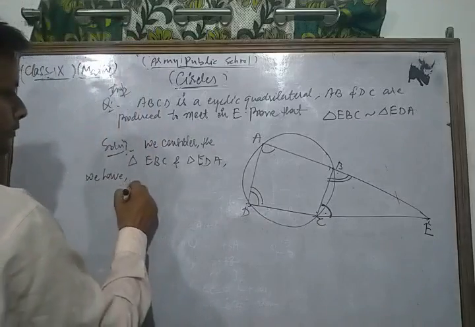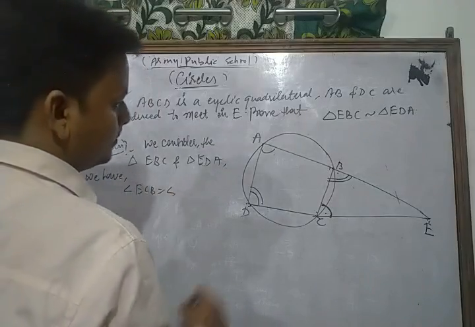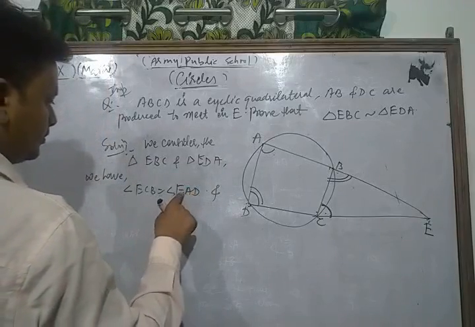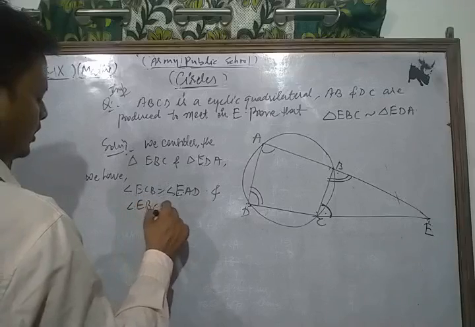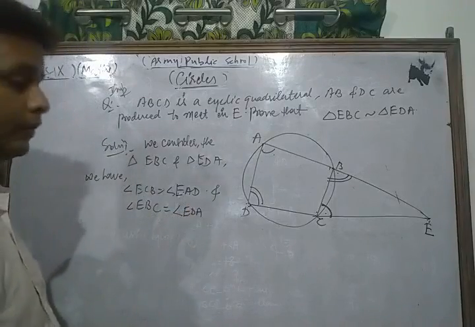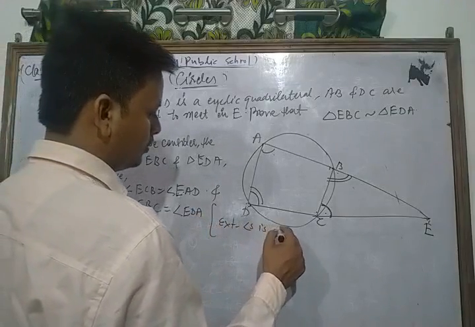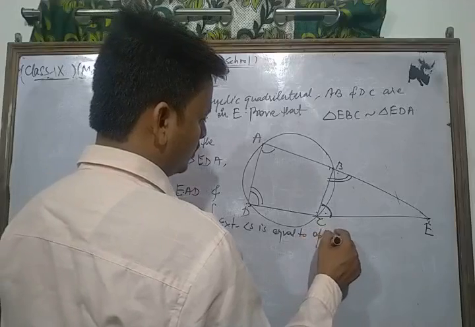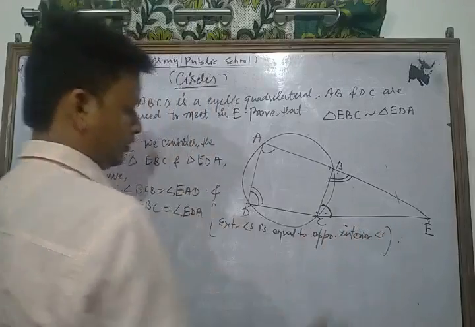So here angle ECB is equal to angle EAD and angle EBC is equal to angle EDA, because you know that the exterior angle is equal to the opposite interior angle.